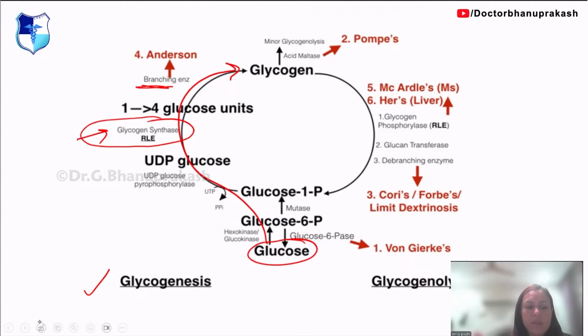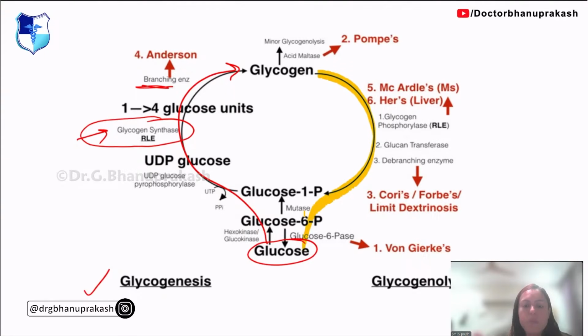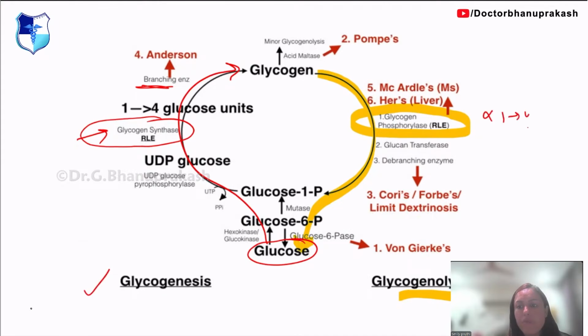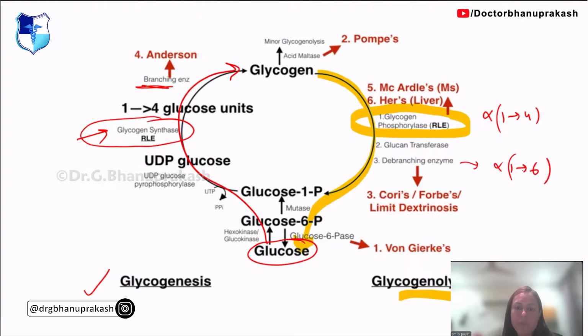On the other hand, breakdown of glycogen to glucose, that is glycogenolysis. Rate limiting enzyme, glycogen phosphorylase, which will break alpha 1,4 bond. Debranching enzyme breaks alpha 1,6 bond. Okay. Let's see diseases here also on this slide.